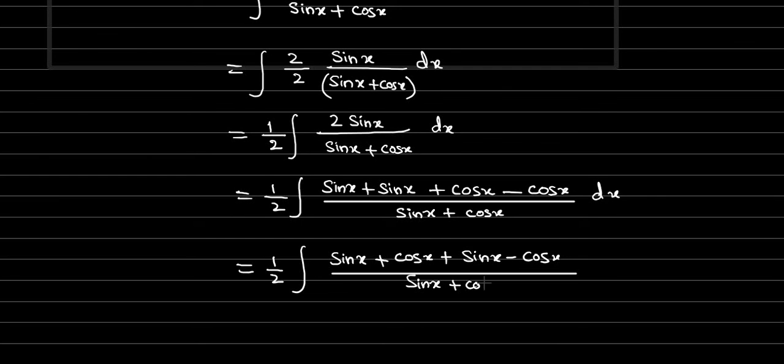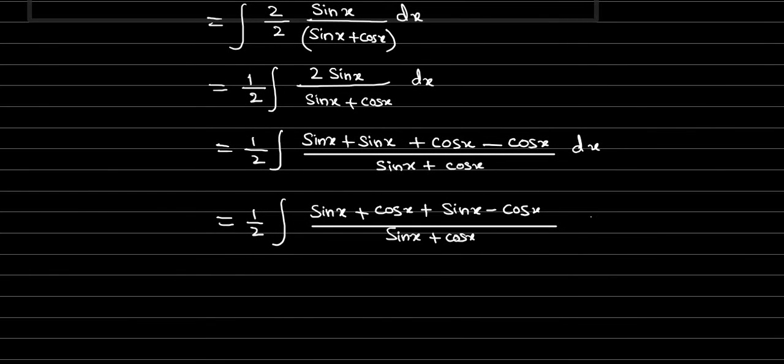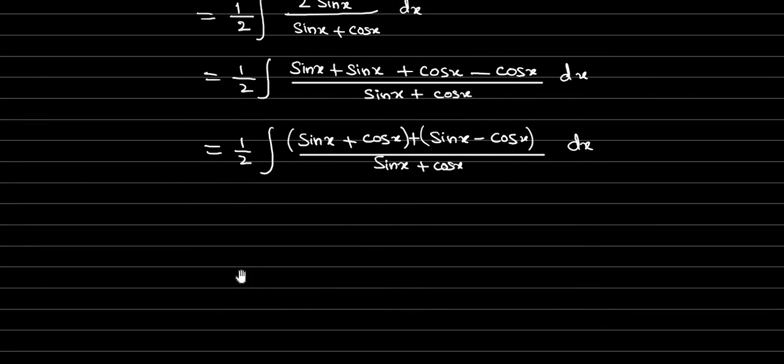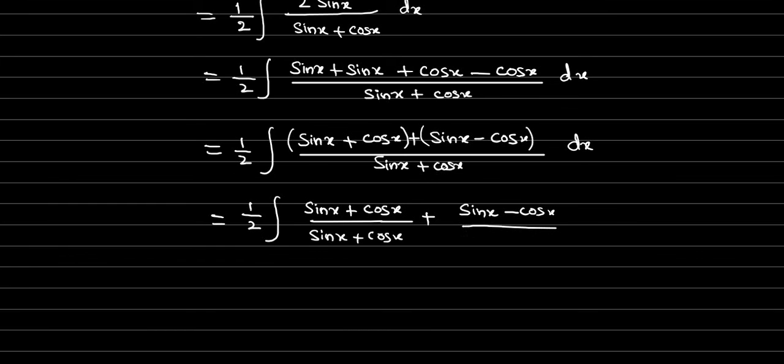Totally, in the numerator we have 4 terms. For all the 4 terms, the denominator sin x plus cos x is common. But what I am going to do is consider two terms as one term, writing sin x plus cos x in the denominator for both terms separately. So 1 by 2 integral sin x plus cos x by sin x plus cos x, plus sin x minus cos x by sin x plus cos x dx.